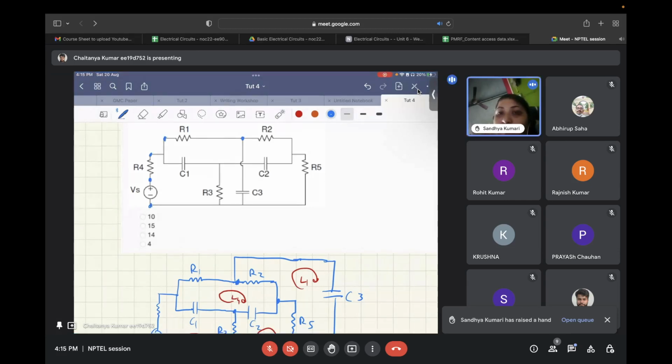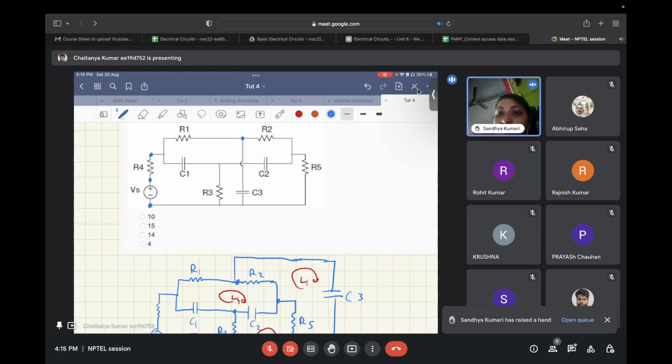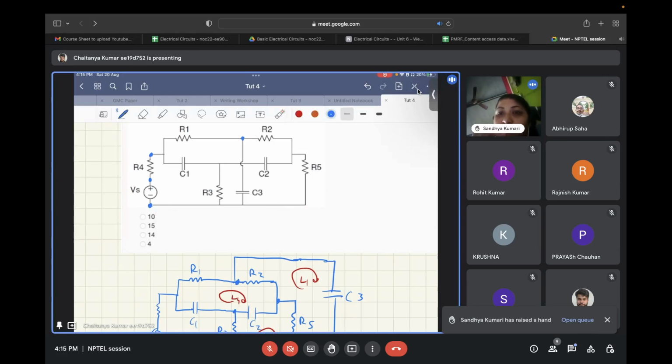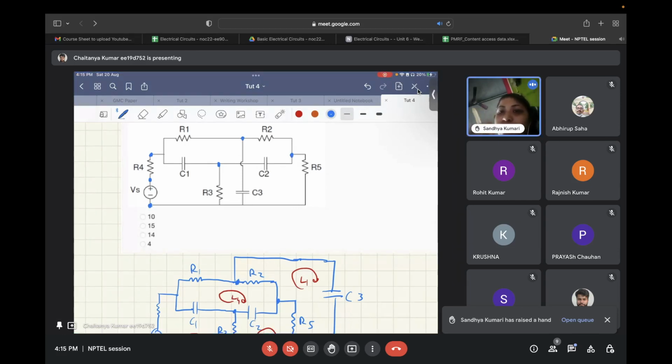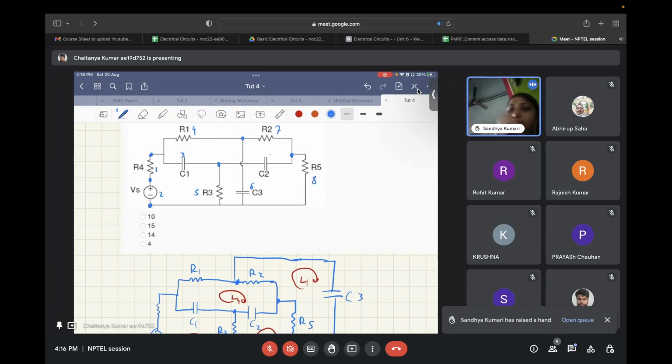Okay, let's do this exercise once. You have a node over here, a node over here, then a node over here that is running all across from here. Then you have a node between C1 and C2, and finally you have a node at this point. Number of branches are one, two, three, four, five, six, seven, eight, nine.